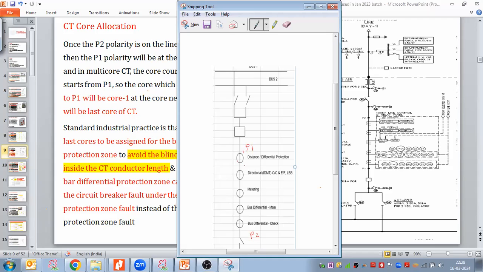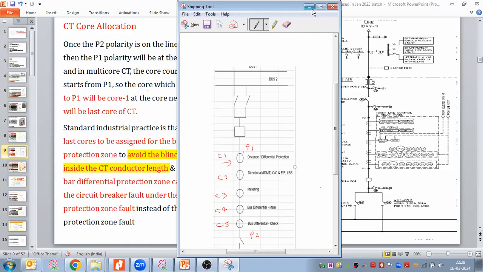So if P1 is here, this would be my core number 1, core 2, core 3, core 4, and if I'm using a 5 core CT, that would be the 5th core. Where we use 5 core, 3 core, 2 core CT, this topic we have discussed on class day 12 or day 13.